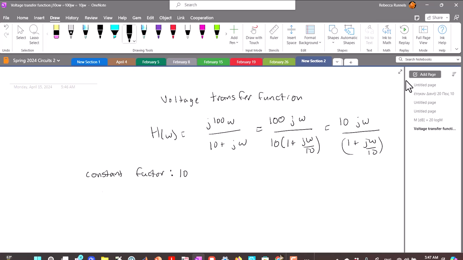We have a 0 at the origin, and it's degree 1. And we have a simple pole with omega c equal to 10 radians per second. Okay, so now let's do the Bode plot first.